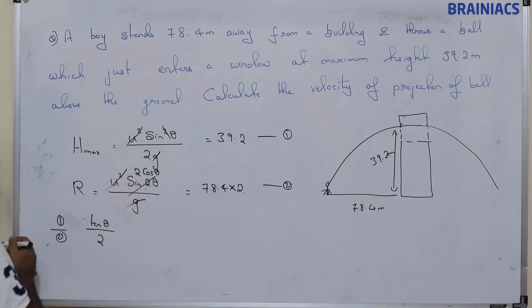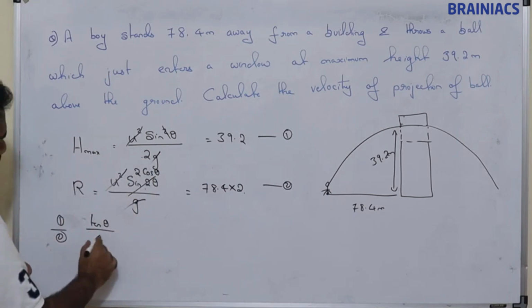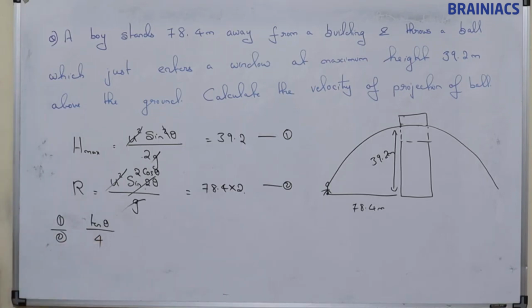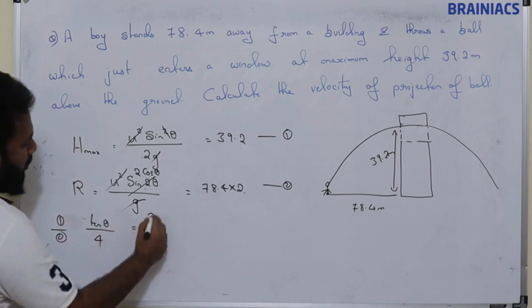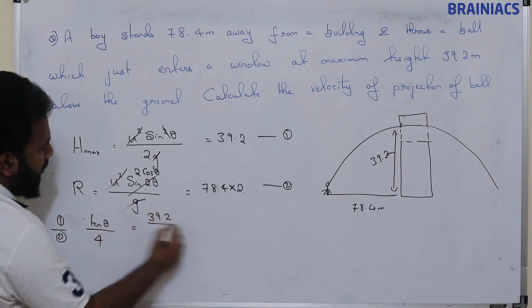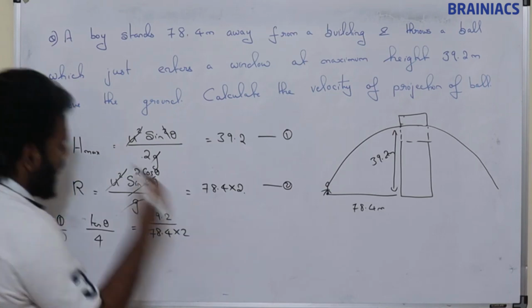This 2 is also there. So this is going to be how much? This is going to be 4. Correct? This is equal to 39.2 divided by 78.4 into 2. Clear?